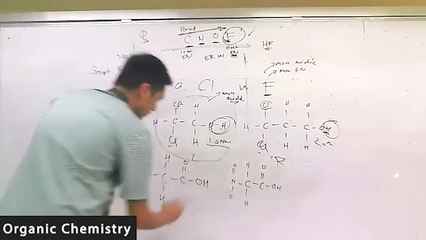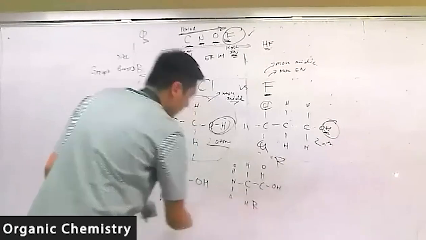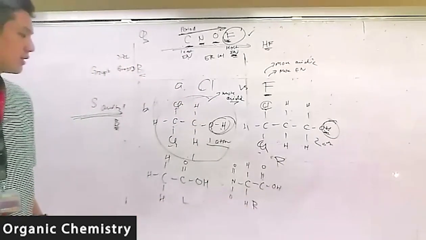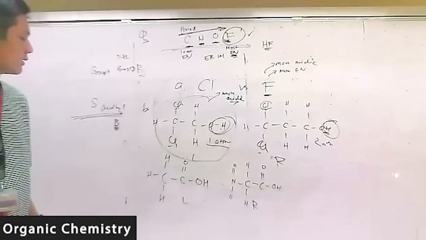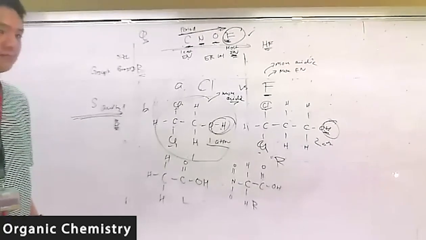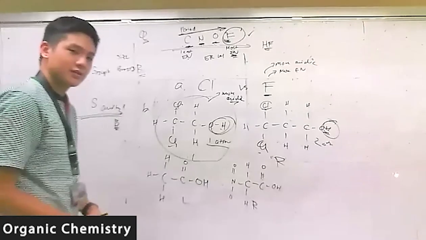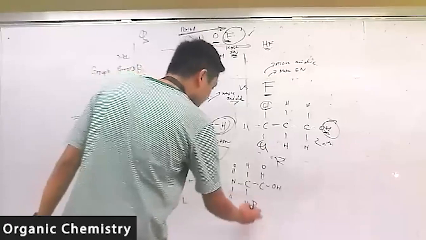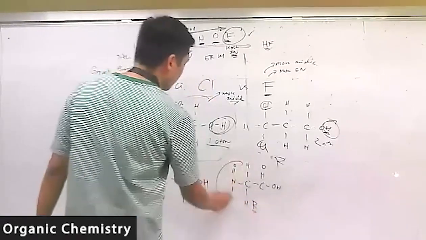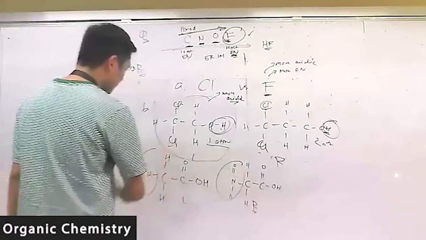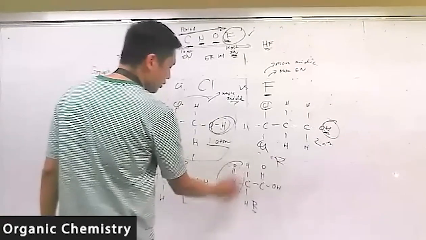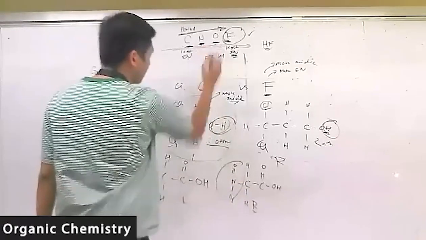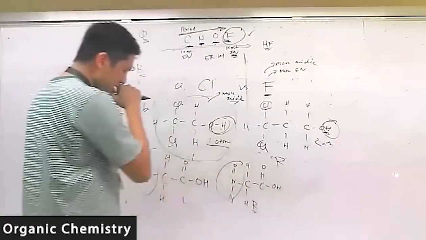Is it the left or is it right? Left or right? More acidic. So right? Okay. So one of you answered right. That is correct. Why? We look at this. H versus NO2. Look at the number of electronegative atoms. You have 3. Tatlo. Here you have 0.